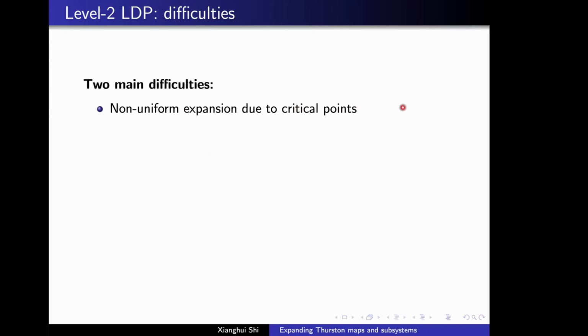To overcome this difficulty, we use the visual metric, because the dynamical system behaves very well on the visual metric. The second difficulty is due to the lack of upper semi-continuity, as we already showed in our first result. In particular, this means we cannot apply the classical so-called functional approach.